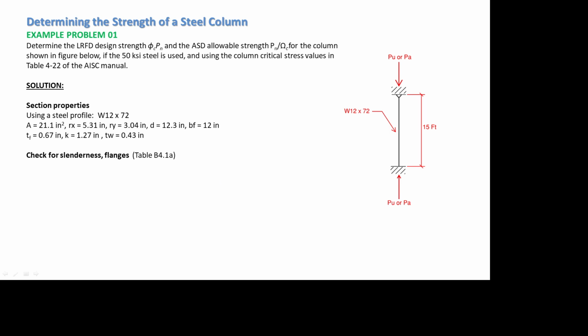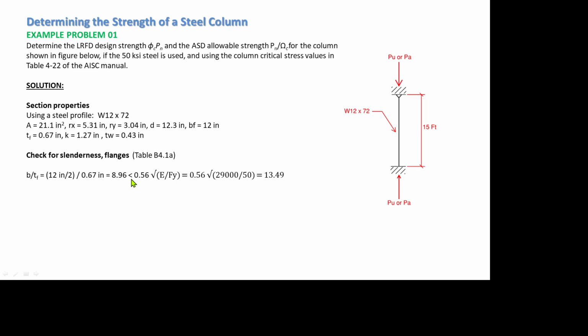For the slenderness, we have b over t: 12 divided by 2, half of the width of the flange, divided by 0.67, which is the flange thickness, equal to 8.996.